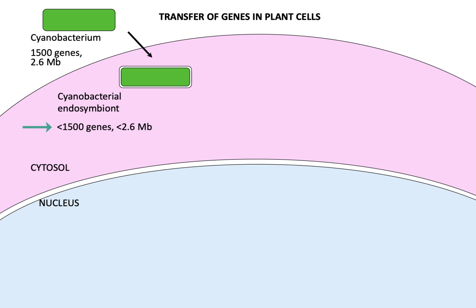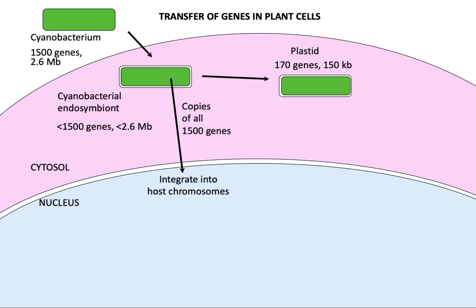And so those genes essentially, one by one, would mutate. If they were unnecessary, they would continue to mutate so that they were non-functional and then eventually disappear. Some of them, however, would move into the nucleus. In fact, we know a large number migrated into the nucleus and integrated into the chromosomes.